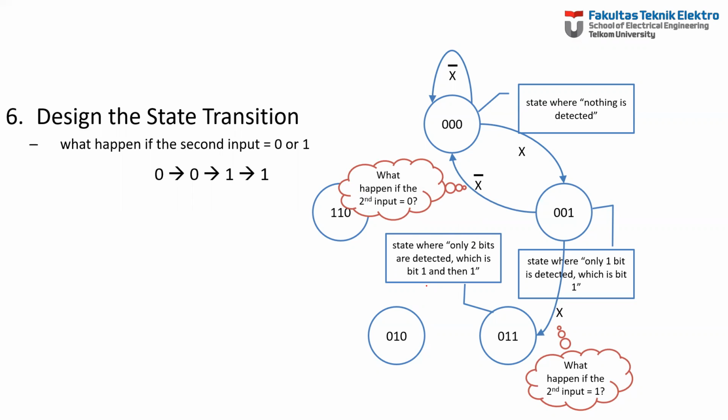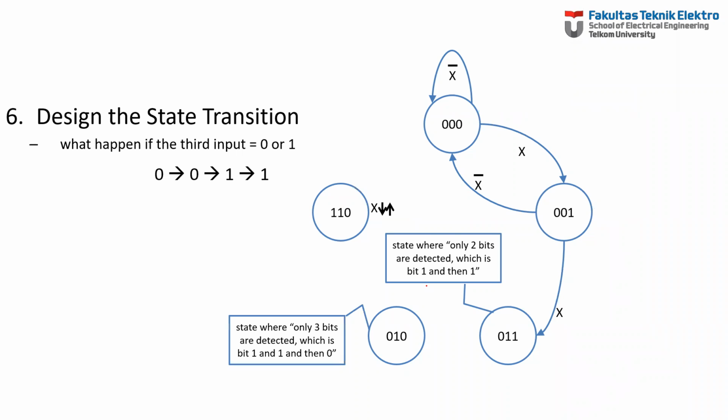That's because we expect 1 and then 1. But it happened that the sequence is 1 and then 0. If that happened, then we start from the beginning. Nothing is detected because we are expecting 1 and then 1. But it happened to become 1 and then 0. So nothing is detected.